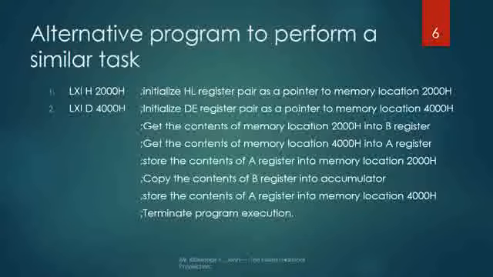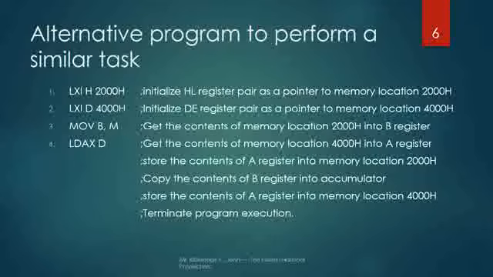Next algorithm step is get contents of memory location 2000, move that into register B, and we use MOV B, M. Now our M here refers to what is in register HL, and we've already programmed HL. We've initialized it to point to memory 2000. Therefore, we are moving into register B the contents of the 2000H memory address.